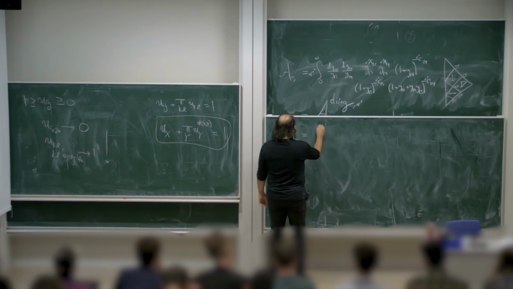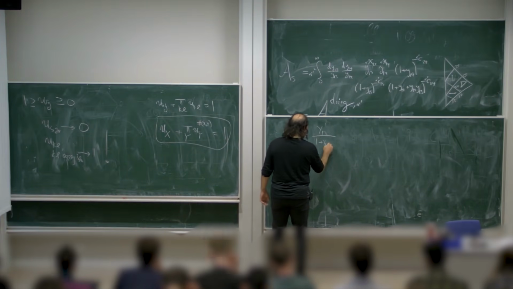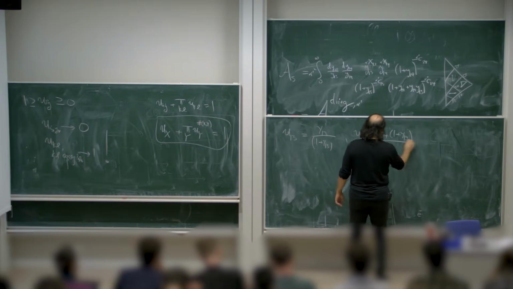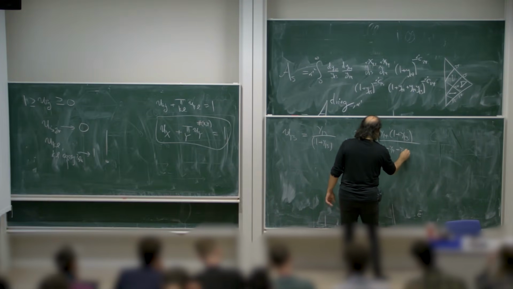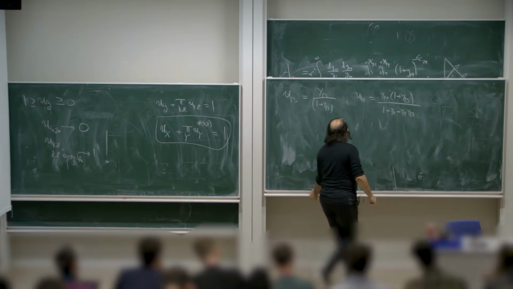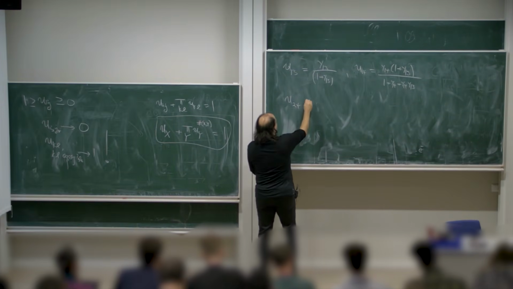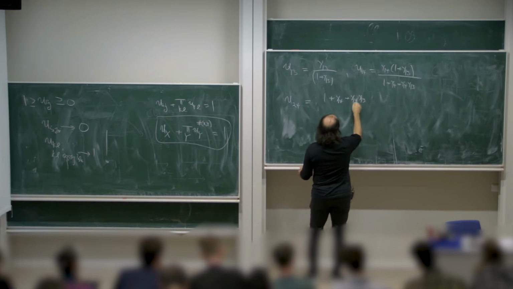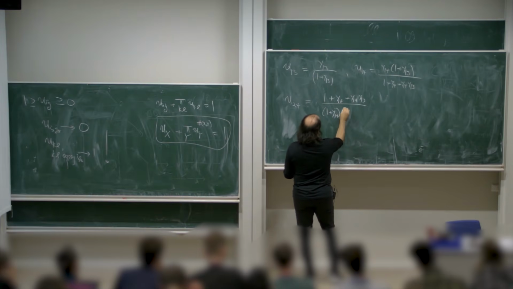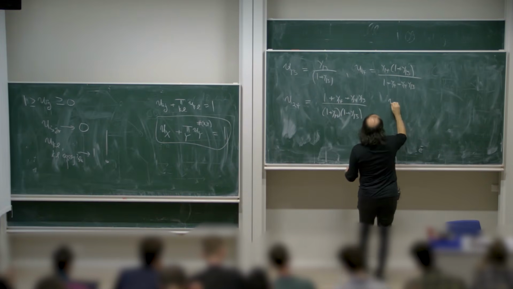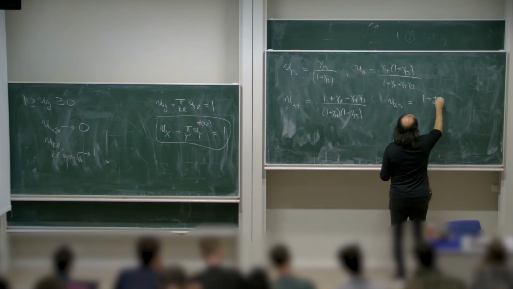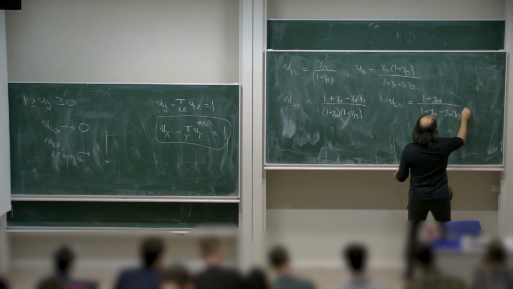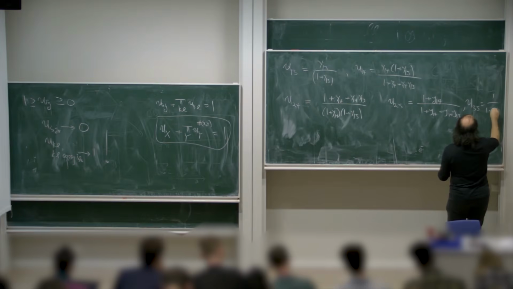And the formulas are that u13 is y13 over 1 plus y13. u14 and so on.